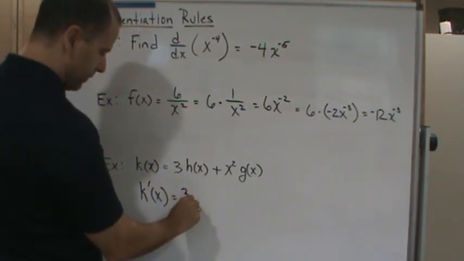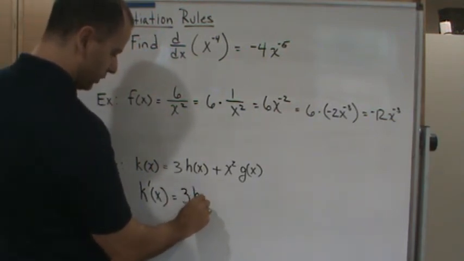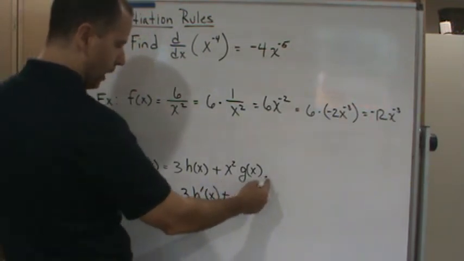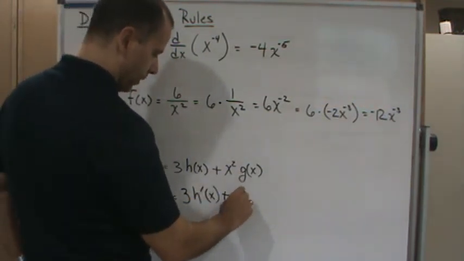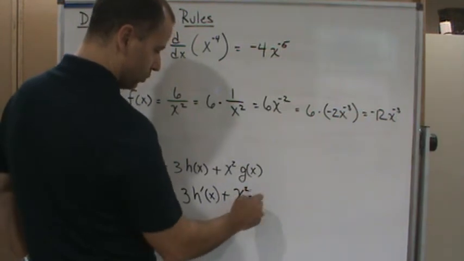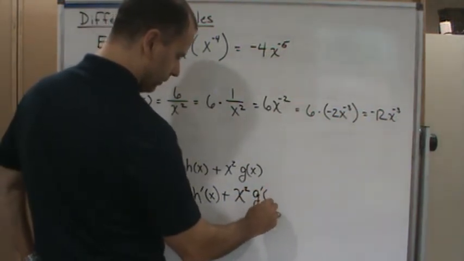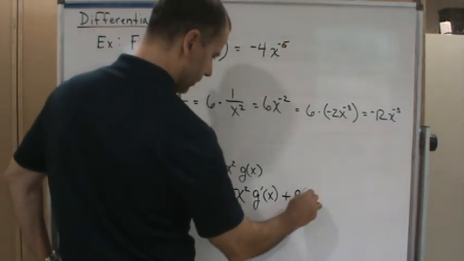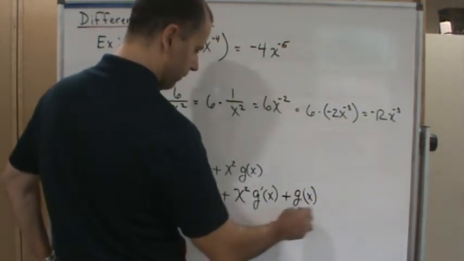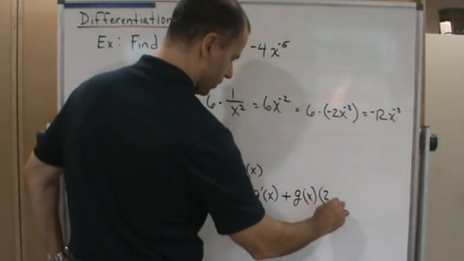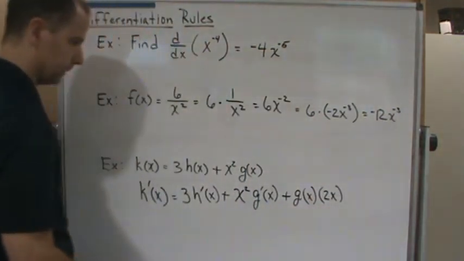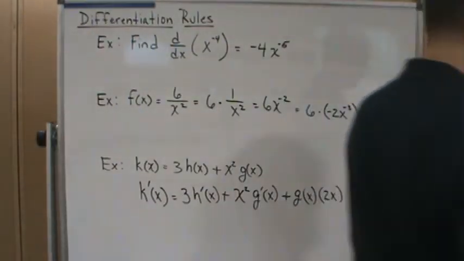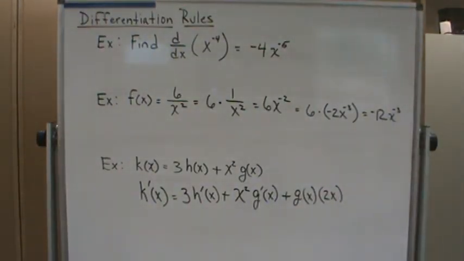So it's going to be 3 times the derivative of h, which is just going to be h prime of x, plus now I'm going to use the product rule here, so it's going to be the first times the derivative of the second plus the second times the derivative of the first, which is just 2x. Okay, and I believe that's all they want us to write down for this one.